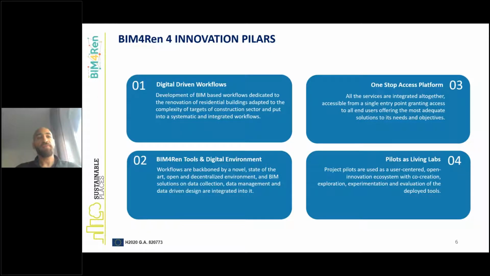Then we develop innovative tools based on open standards to integrate into this workflow, and we collect all of these tools into one access platform, which takes me to the third pillar. And finally, we have pilots as testing and living labs where we test all of these methodologies and workflows.